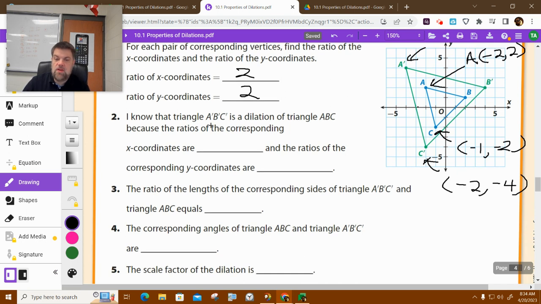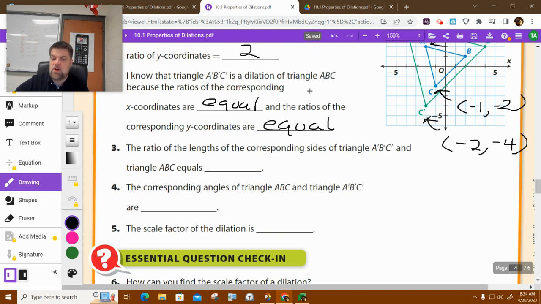Well, I know that the triangle A prime, B prime, C prime is a dilation of ABC because the ratios of the corresponding x coordinates are equal. In other words, if I do that with all of the coordinates, they're all going to have equal ratios. Also, the same thing for the y coordinates. Now, the only one I have left to do is B, but I'm not even going to do it because I know it'll be equal.